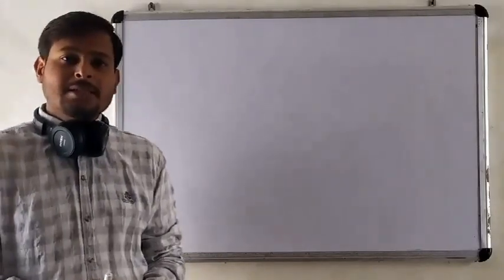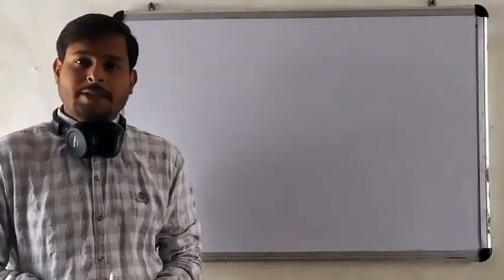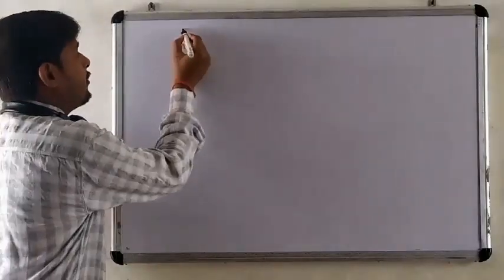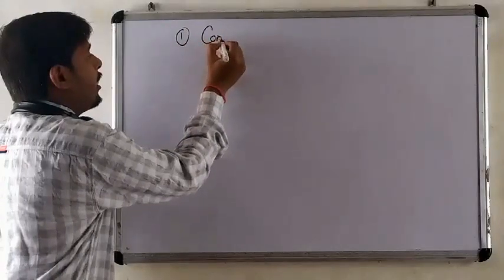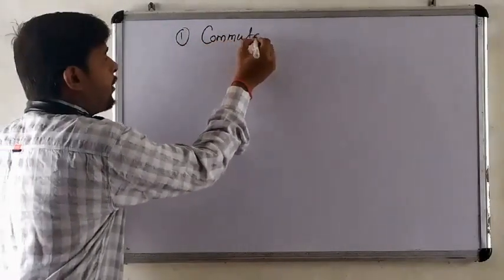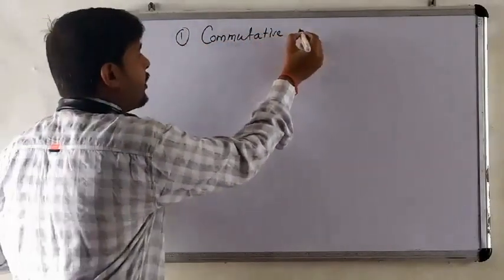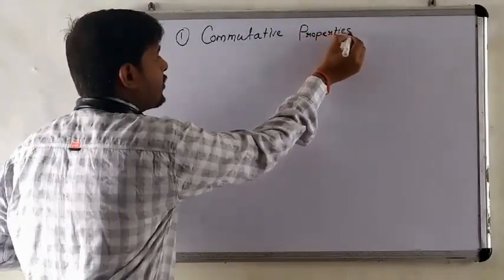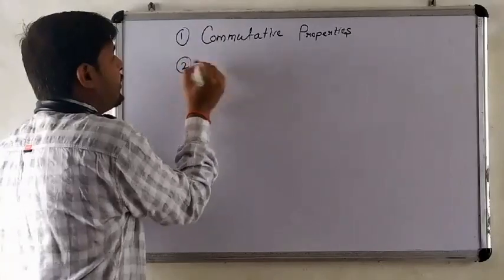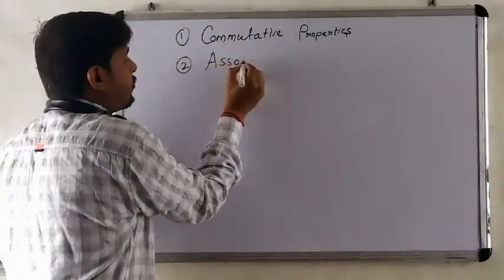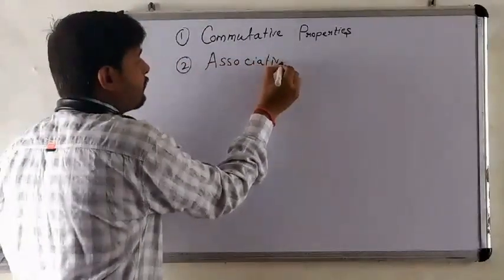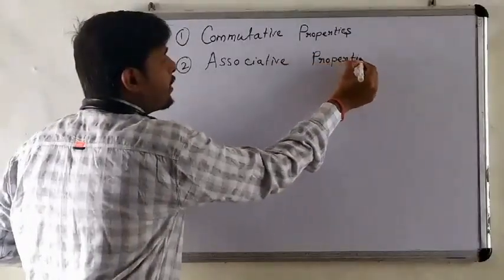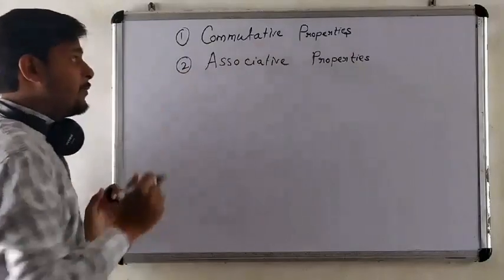Today we will discuss some more important properties of integers. The properties are commutative properties, and second, associative properties of integers.